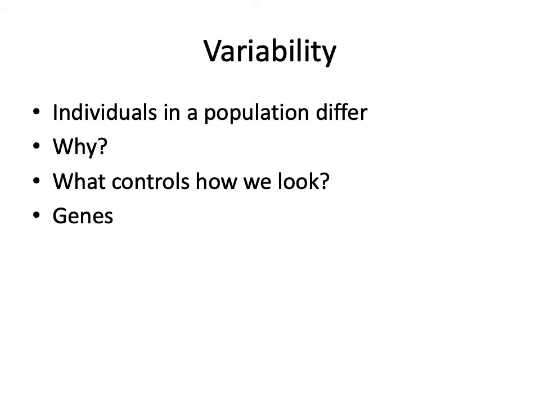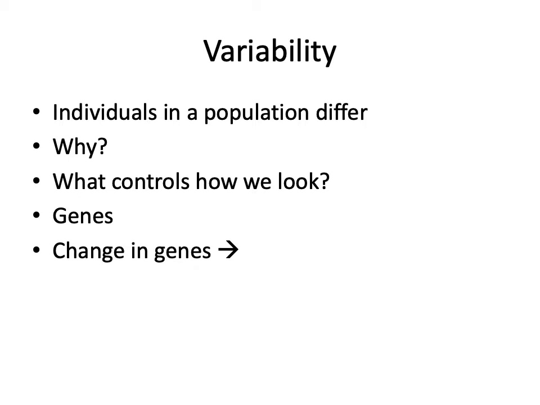And genes change. The genes of a population change through time, and they adapt to local conditions, they adapt to changing environments. Also, genes can mutate. Genes can change through mutations.